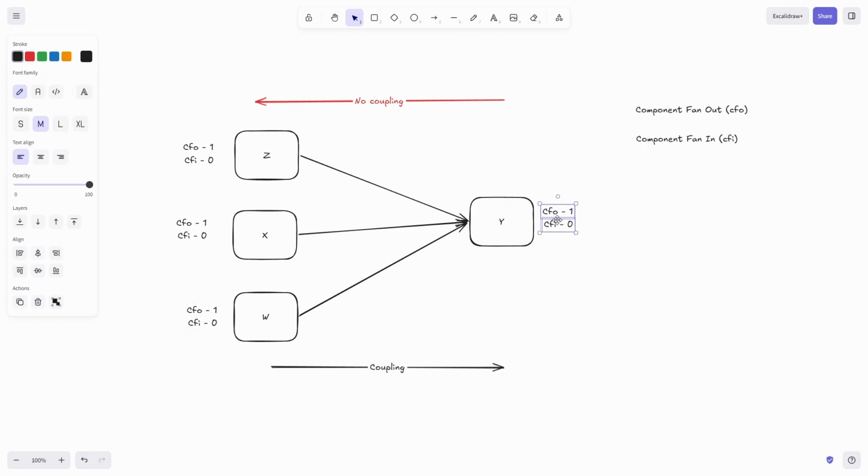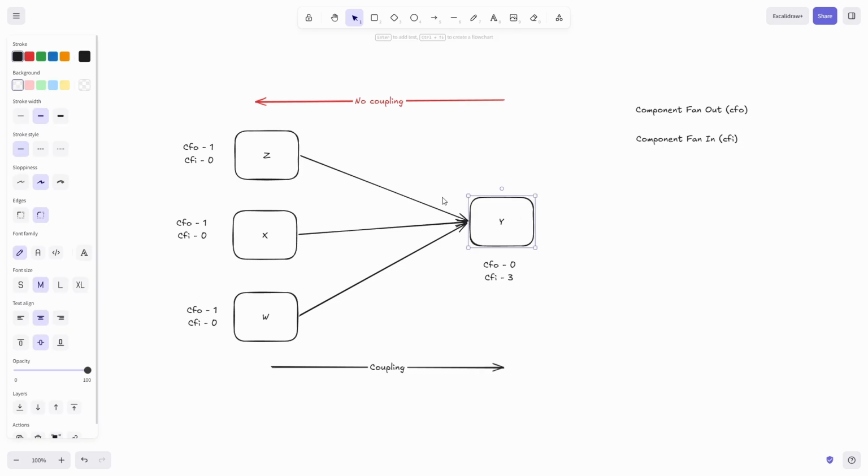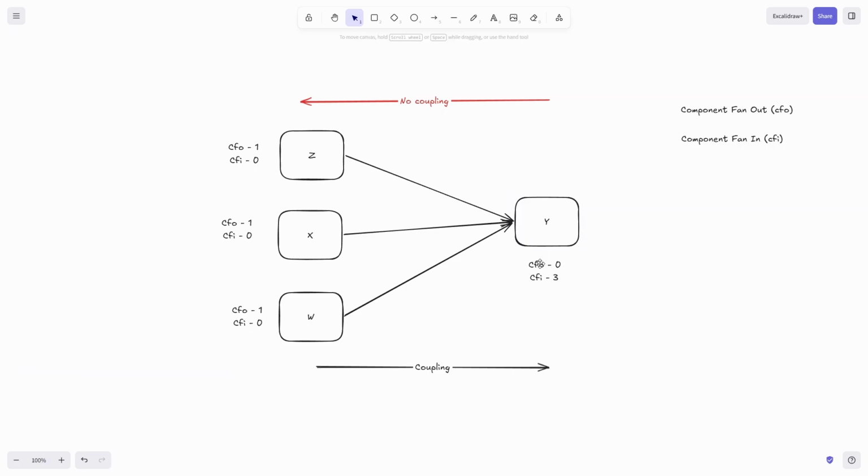But in the case of Y, it doesn't point to anyone else, so it doesn't depend on anyone. So the fan-out is 0, but the fan-in is 3. Okay, because this component has 3 other components that depend on it. And just by looking at this, you can infer something really simple: a component that has no dependencies, so a component that points to no other components, tends to be more stable.